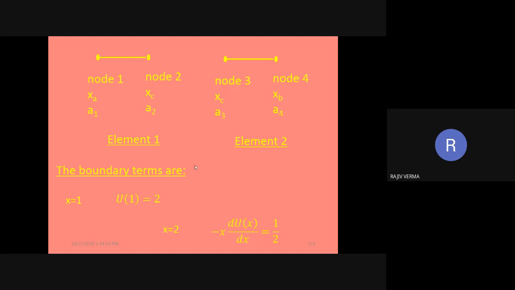Similarly, we have another boundary condition at x equal to 2, which is in fact xb, the right hand side of element number 2. This is the set of boundary conditions which we have been dealing with in the previous classes also. So we are going to develop the FEM equation for the same set of boundary conditions.